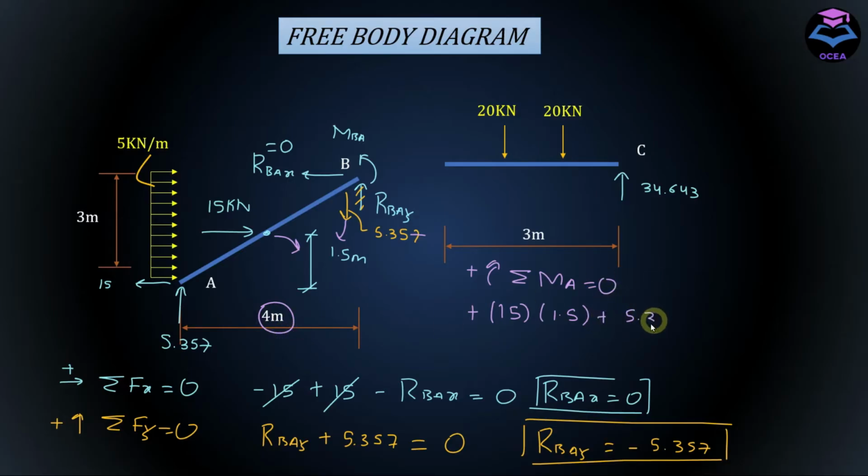So 5.357 into 4. And we have this moment acting in counterclockwise direction, hence negative. And if we solve this, MBA from here is equal to 43.928 kilonewton dash meter.